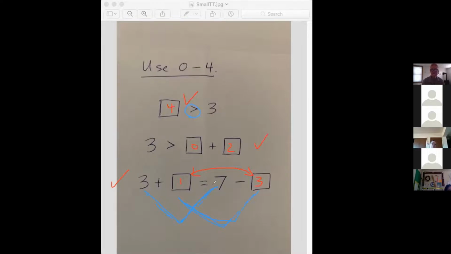Oh, yeah. 7 minus 3. Just pointing that out. I guess we can see if that works every time. And if so, why?